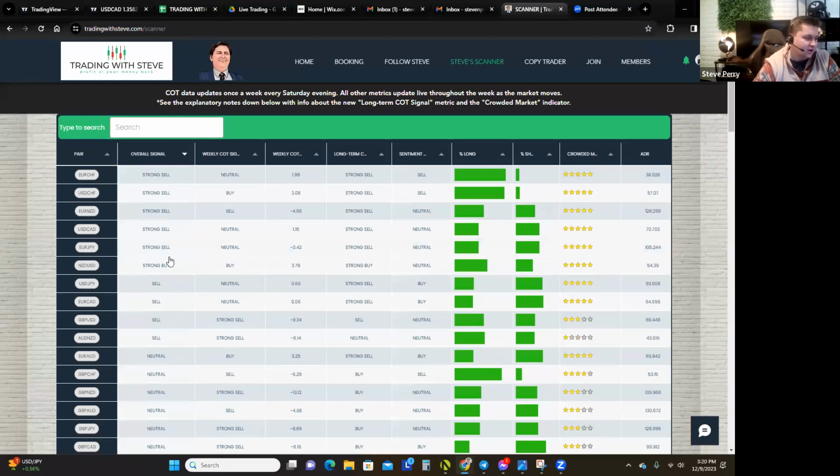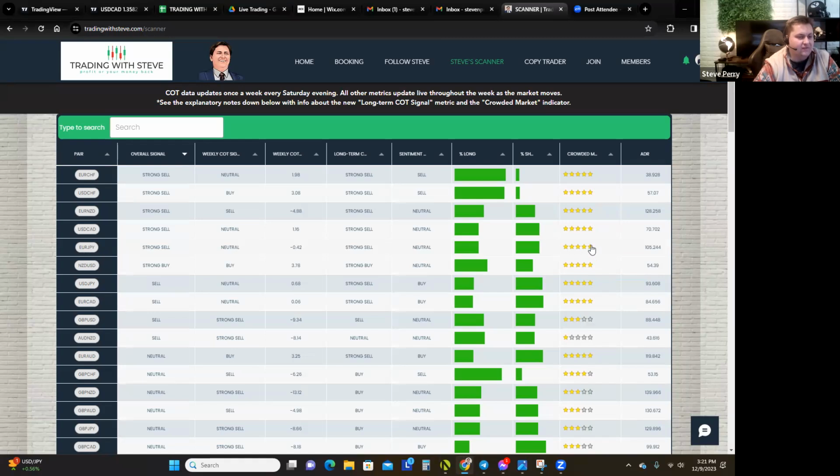I don't know if you guys saw it, but the euro yen this week had a massive drop to the downside. And that one, let's see, this one had a long-term strong sell signal, and the crowded market was 5 out of 5 stars.